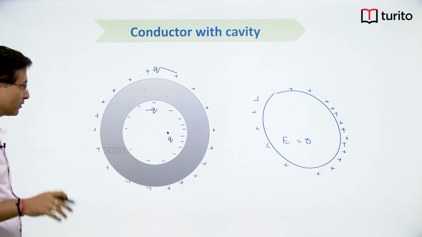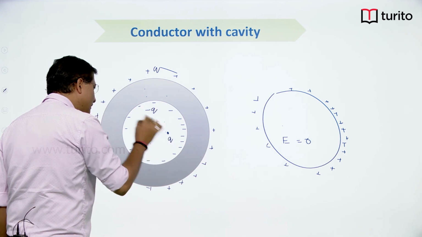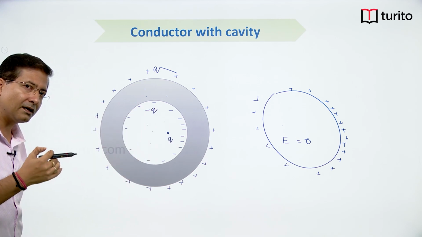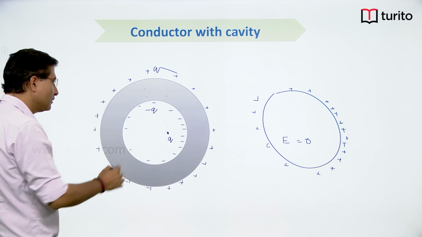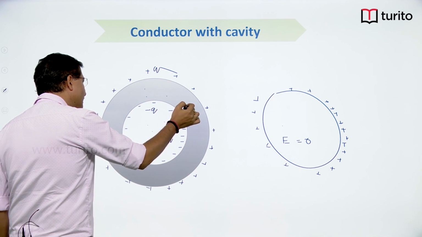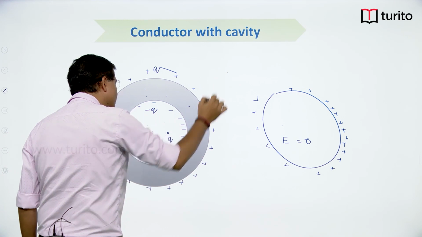First point. Second point is these two in combination, charge inside the cavity and charge appearing on the inner wall of the cavity, they in combination will make electric field at any point on the conductor as well as outside 0.